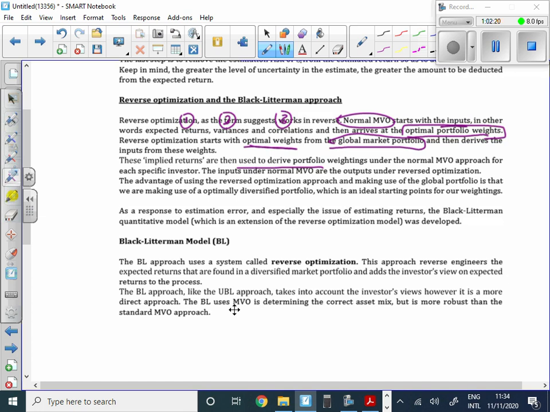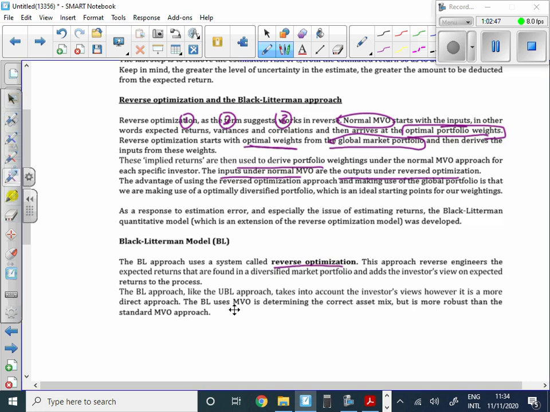And what's interesting is the inputs for normal MVO are in fact the outputs under reverse optimization. This was the Black-Litterman approach. It uses a system called reverse optimization, and it re-engineers things backwards going forwards.